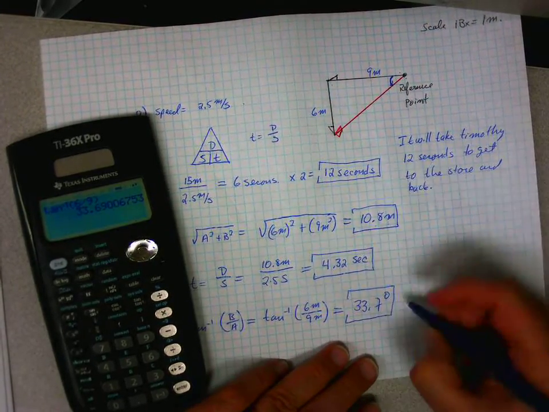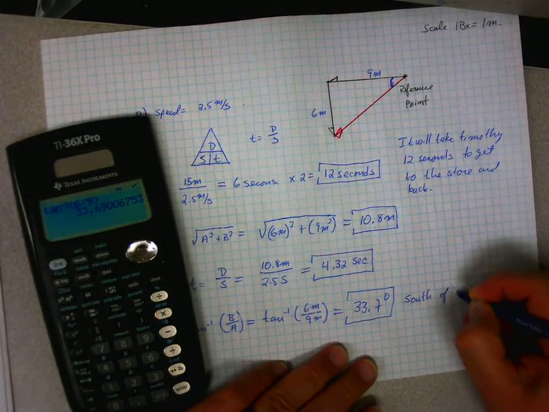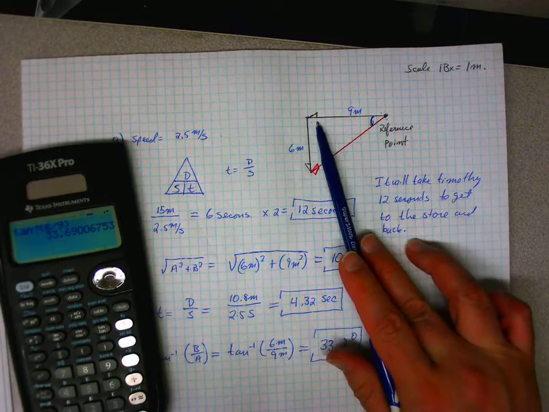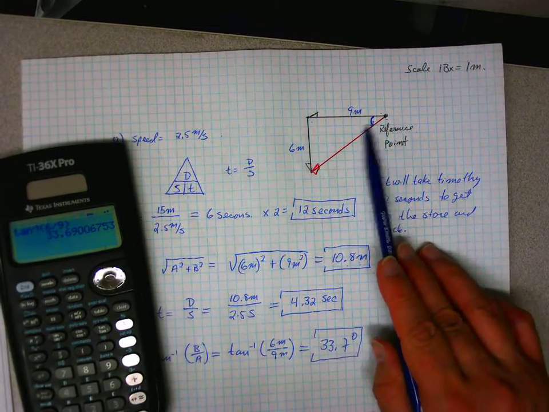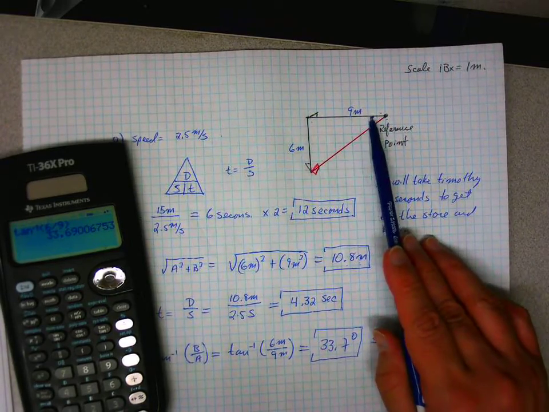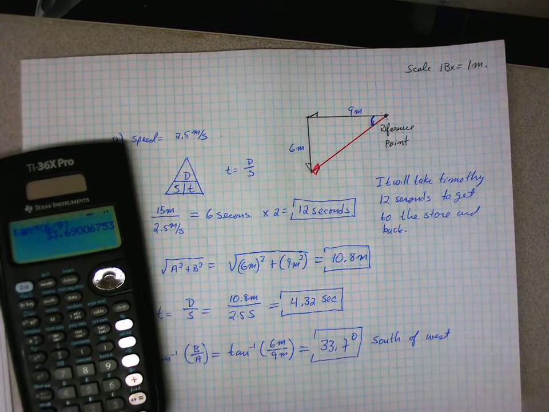And this is going to be south of west. That means from the west line, the resulting vector will be 33.7 degrees south of that line. And we get the answers to question number 2.